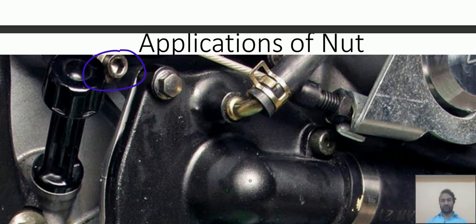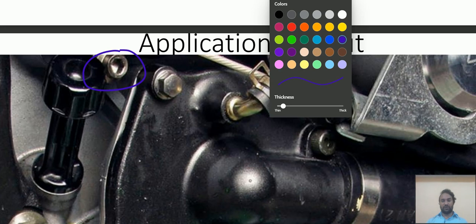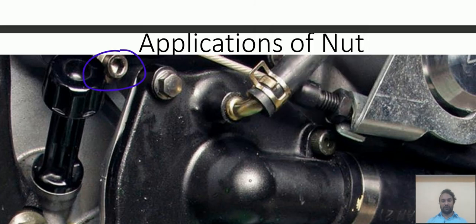We cannot directly open this nut. So to open this nut, what do we need? We need a tool that inserts from this side. So, the cylindrical shape nut: you see the application of the cylindrical shape nut, that is in limited space. We can insert the tool like this and we can open it.